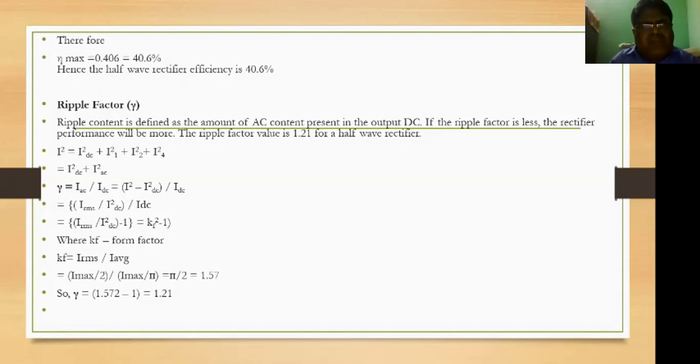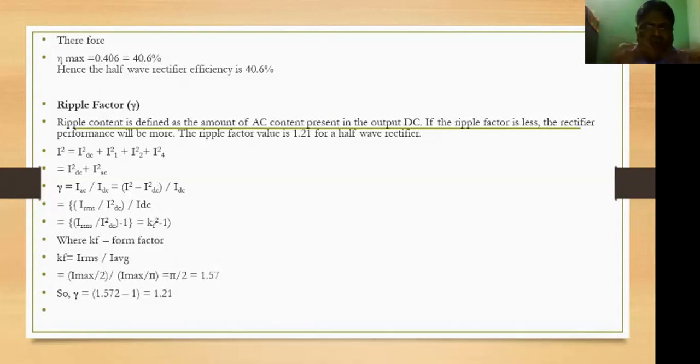The ripple factor value is 1.21 for the half-wave rectifier. My dear students, please remember: how much is the ripple factor of the half-wave rectifier? 1.21. Very, very important. Half-wave rectifier efficiency 40.6, half-wave rectifier ripple factor 1.21. In competitive level, these are very, very important.